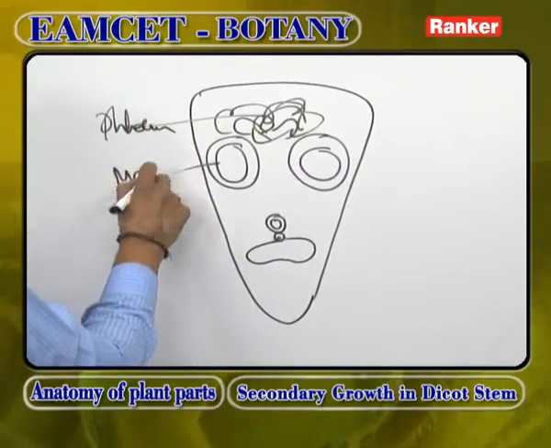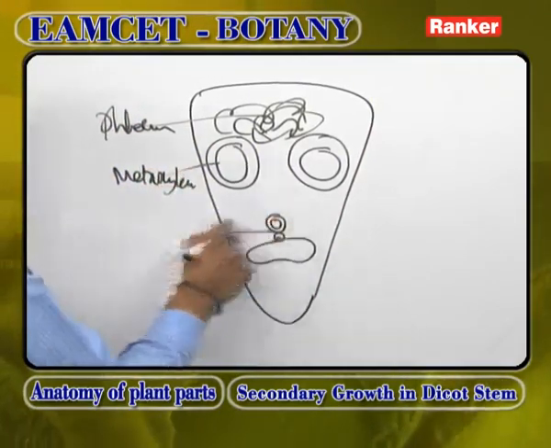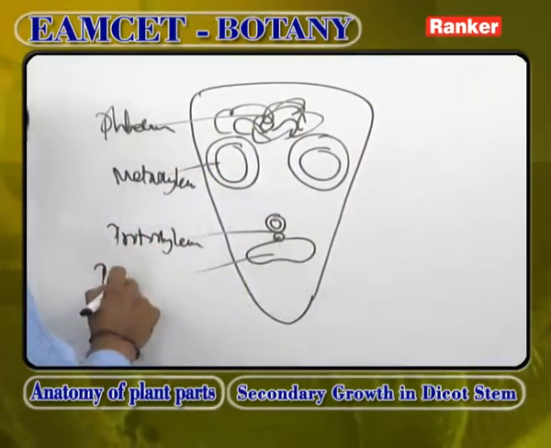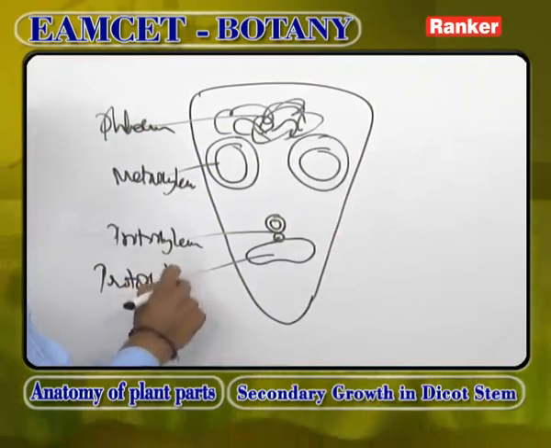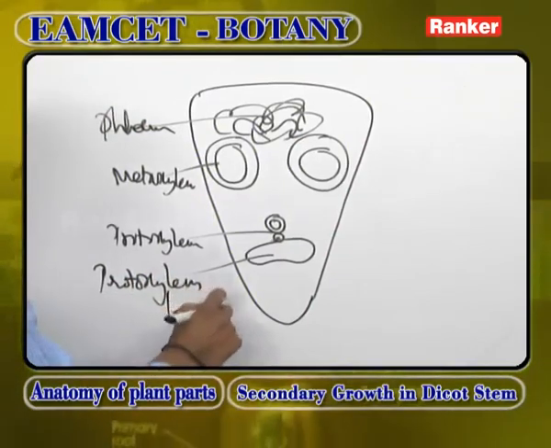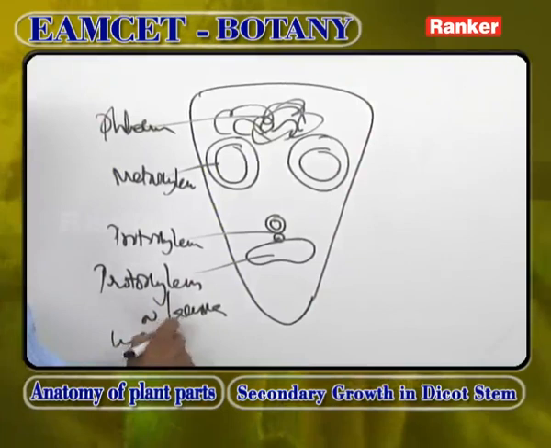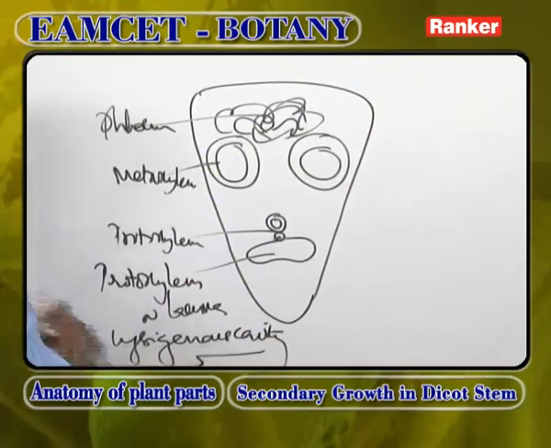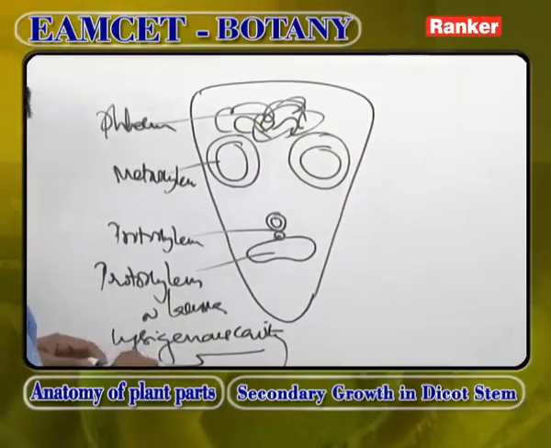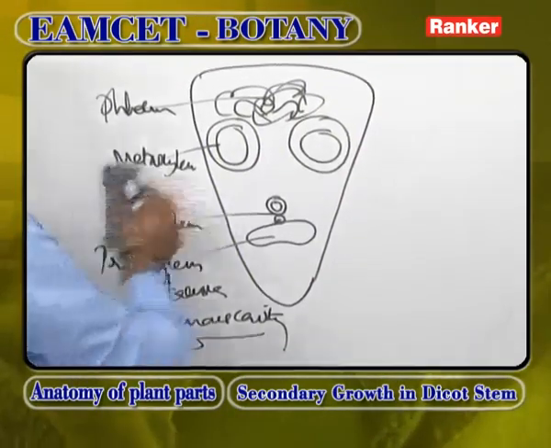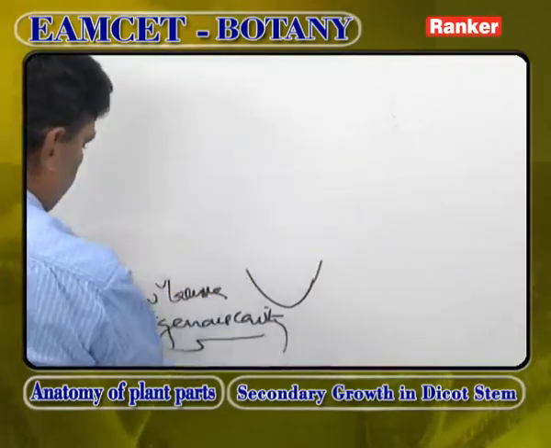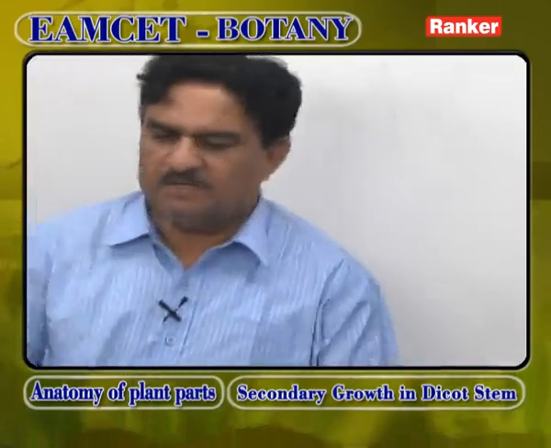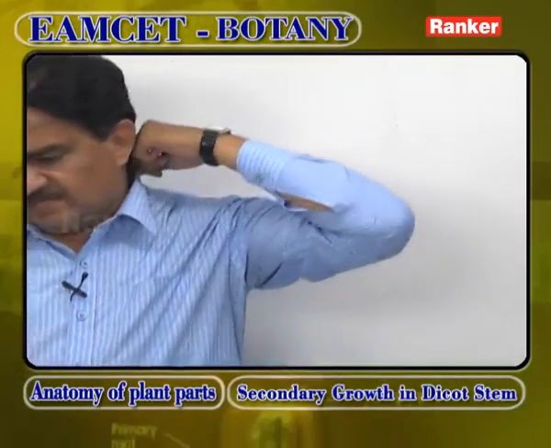This is metaxylem vessels. This is protoxylem vessels. And this is the cavity formed by the disintegration of some of the cells of protoxylem, called protoxylem lacuna or lysigenous cavity. So here, because of the presence of conjunctive parenchyma, because of the presence of parenchymatous tissue between xylem and phloem, the monocot stem possesses closed vascular bundle is wrong.